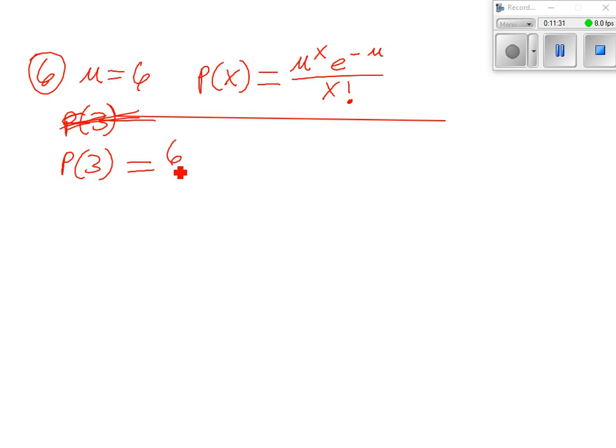We want 3, this is our x. So 6 to the third times e. Remember, e is a standard number. It's always the same. It's on your calculator there. And we're going to take that to the negative mu, so the negative 6th power over 3 factorial. I can do 3 factorial in my head. That just means 3 times 2 times 1, which is 6.